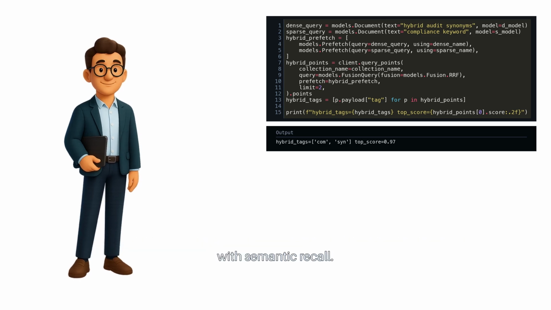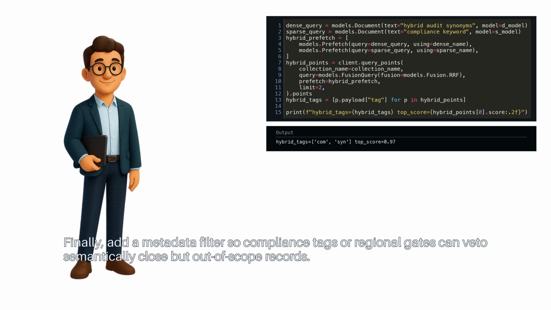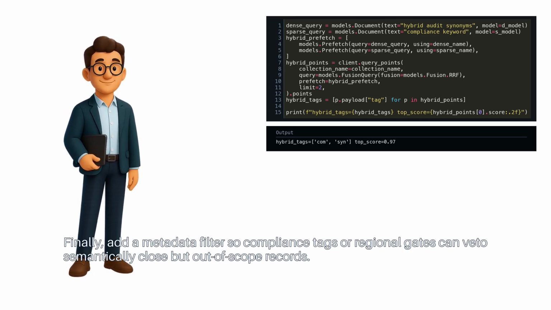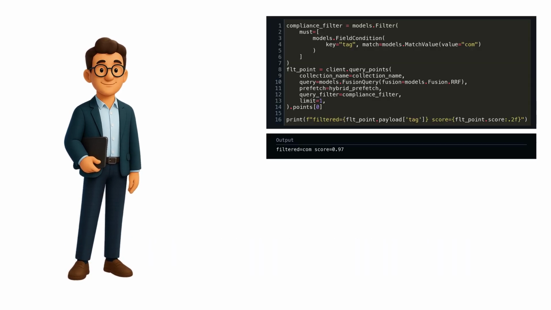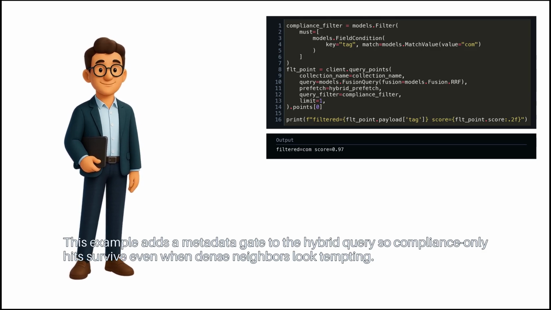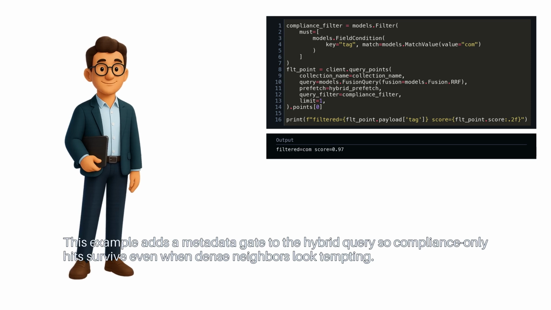Finally, add a metadata filter so compliance tags or regional gates can veto semantically close but out-of-scope records. This example adds a metadata gate to the hybrid query so compliance-only hits survive even when dense neighbors look tempting.